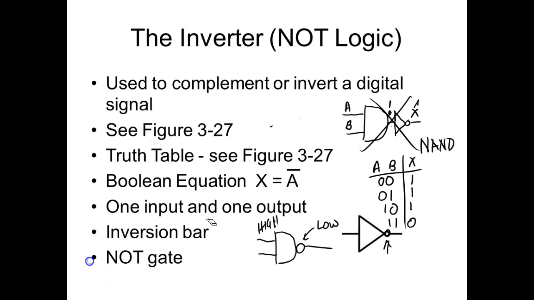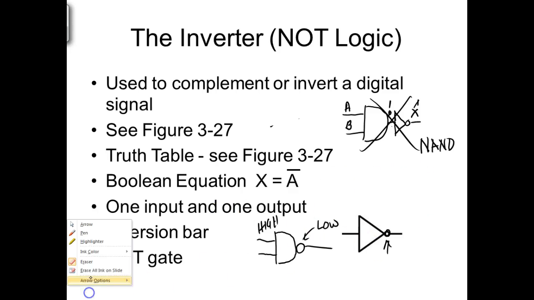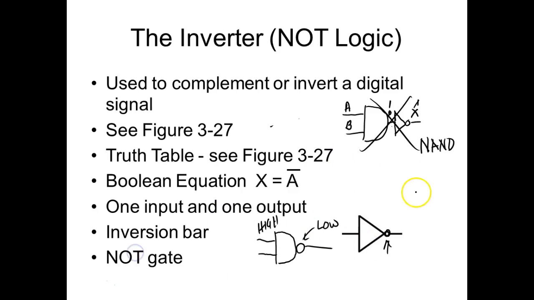So we did the truth table for this guy right here. So what's the truth table for this? So we said the truth table was A, B, I'm sorry.